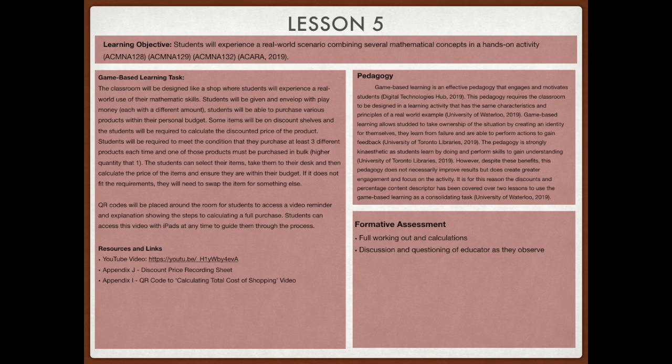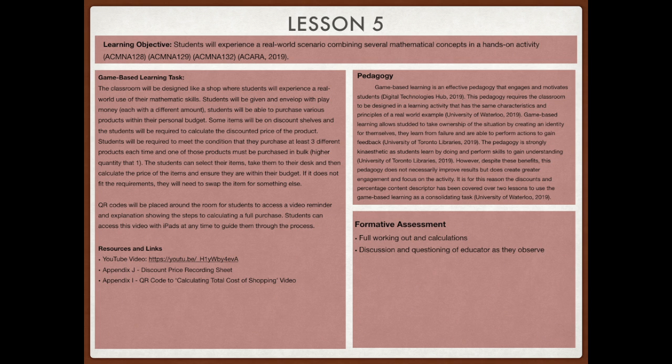The students will have to pick at least 3 items each time, and they must pick at least 2 of the same item. So they can pick 2 of item A and then 1 of item B. However, if they would like to pick more than 3 items, they can do that as well, as long as they have a bulk quantity of a particular item. And that just helps to incorporate the multiplication of decimals concept in there as well.